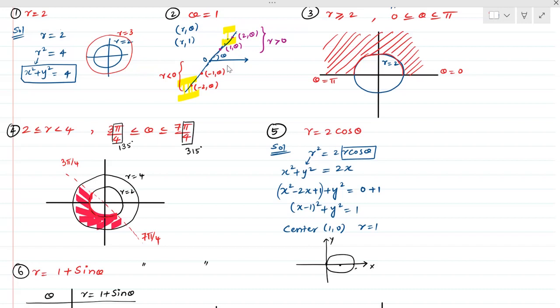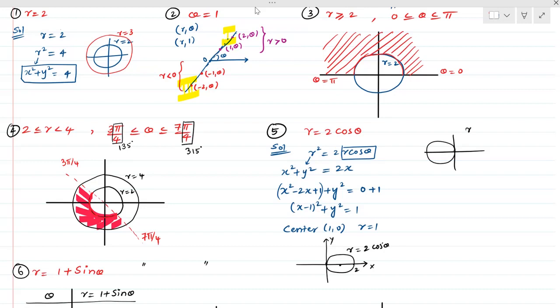So r equals 2 cosine theta means the circle is on the positive part of the x-axis. Similarly, if you have r equal to minus 2 cosine theta, the circle is on the negative side.